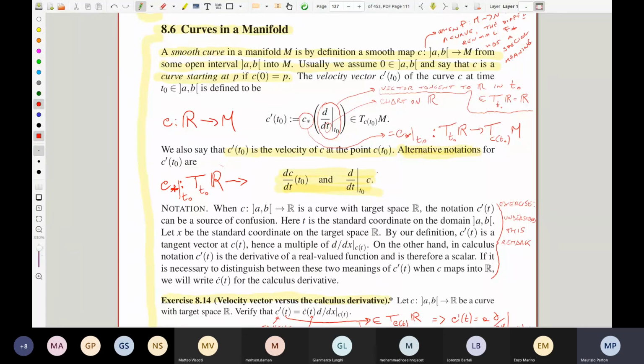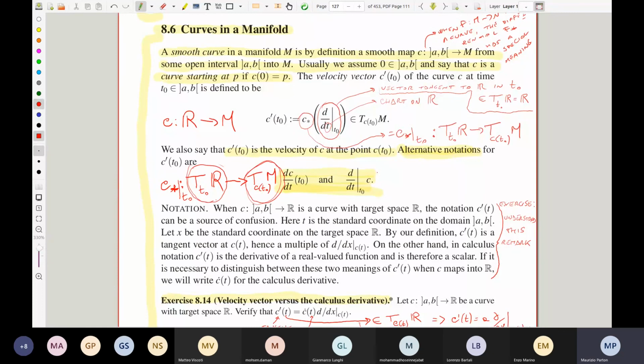It goes into the tangent space at C of T0 of M, which is now something that we know, we have a definition. So if you choose a tangent vector here, you obtain a tangent vector here.